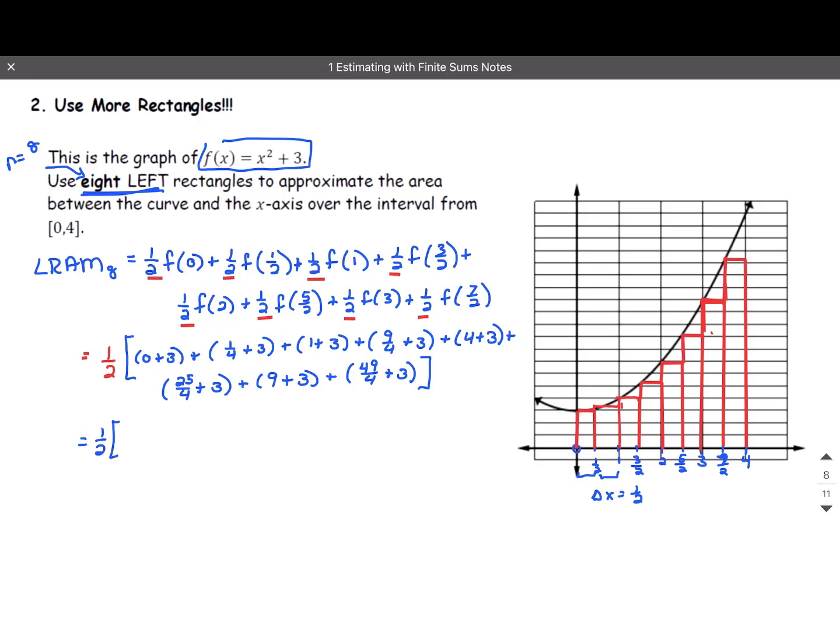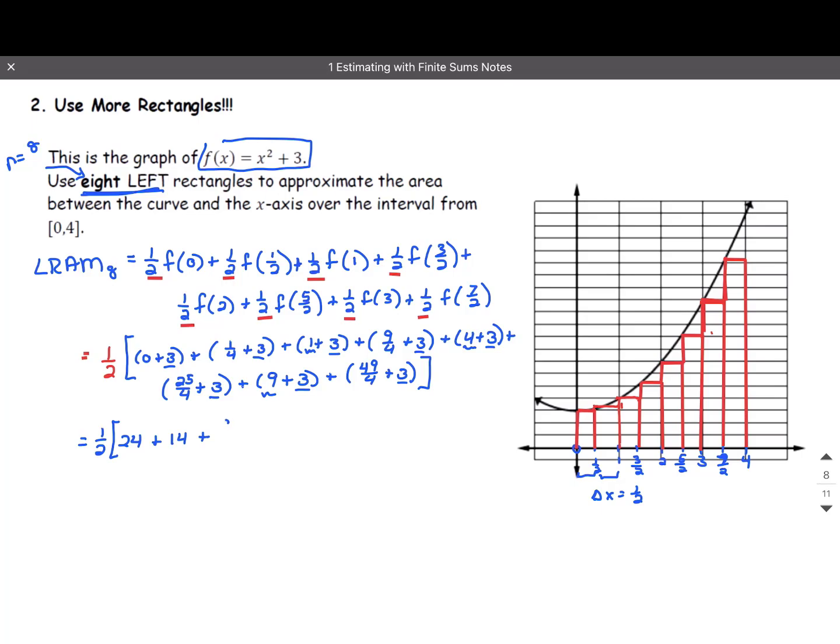Now, if we add up our 3's, 3, 6, 9, 12, 15, 18, 21, that's 24. We also have some other integers here. We have a 1 and 4 and 9. So that's going to be 14. And then if we look at our fractions, we're going to have 1/4 plus 9 fourths plus 25 fourths plus 49 fourths.